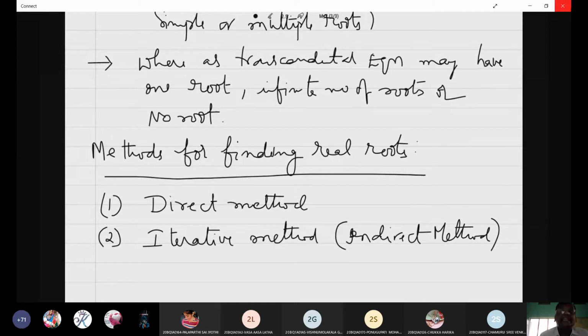It gives the exact value. That is very, very important. Direct methods always give the exact root of the equation, whereas indirect methods give an approximate root. There is a lot of difference between these two. Direct method gives the exact root and iterative method gives an approximate root.